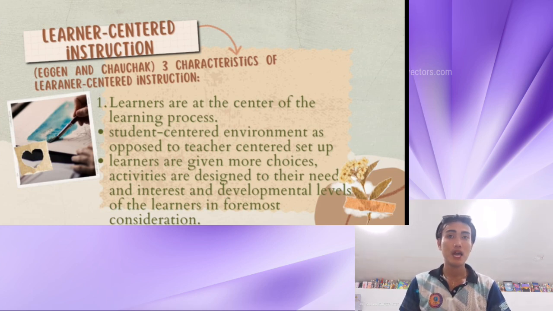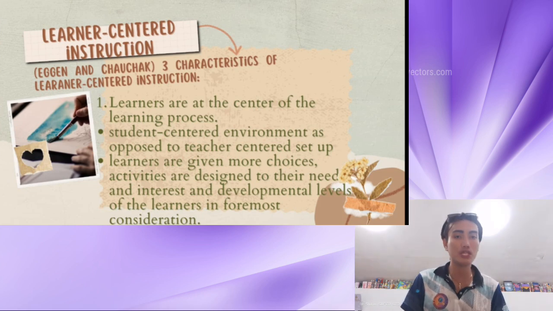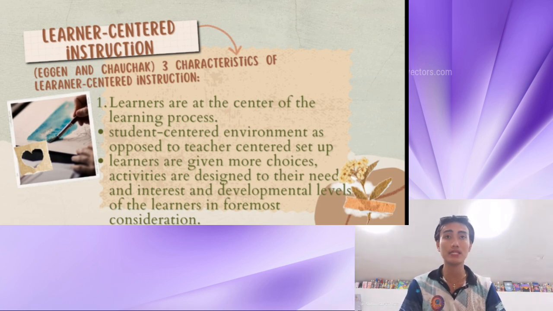Next is a student-centered environment as opposed to a teacher-centered setup. Learners are given more choices and activities designed to their needs, interests, and developmental levels, with learners in foremost consideration. So that is the learner-centered.